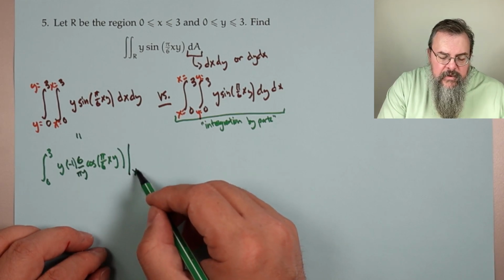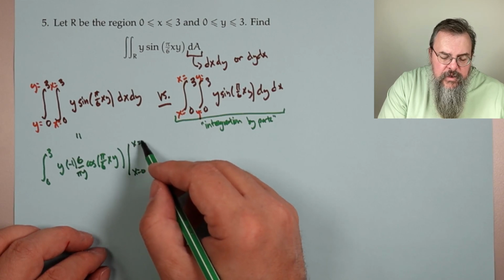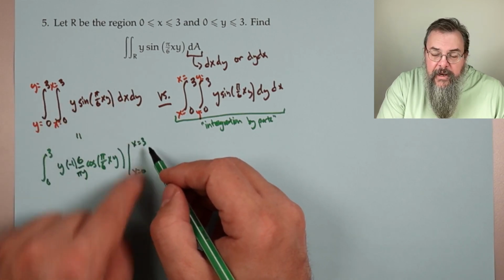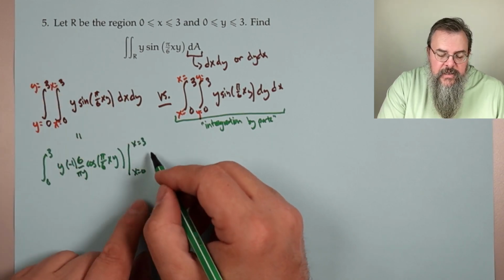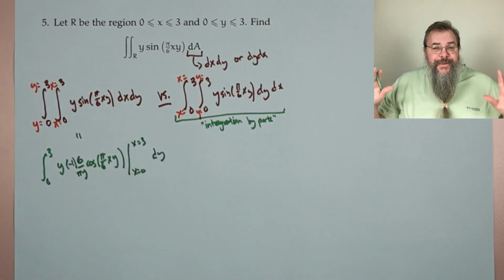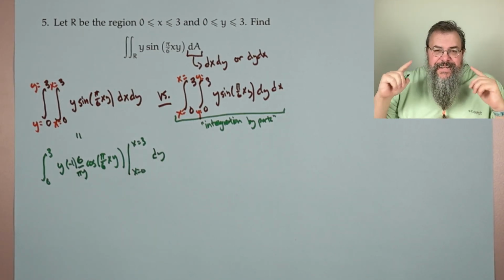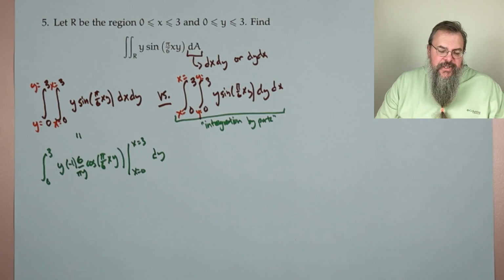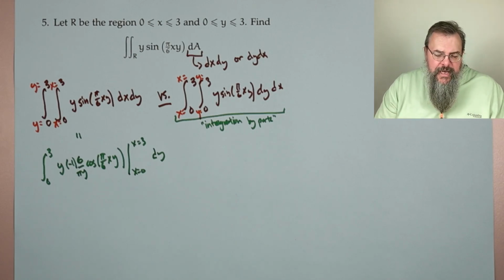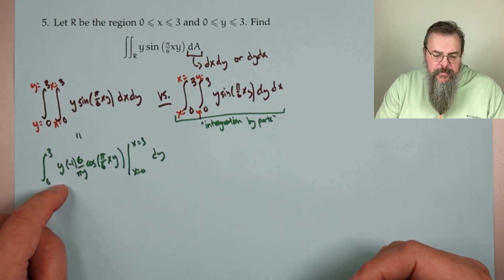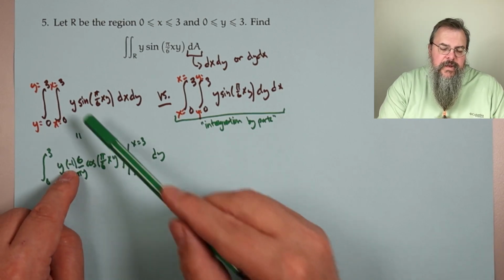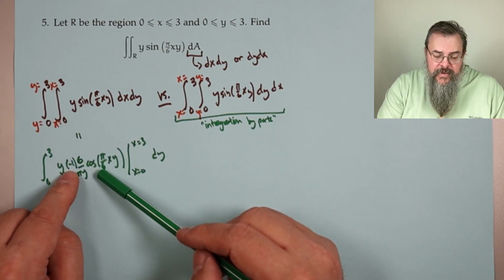And this is from x equals 0 to x equals 3, because we integrated with respect to x, so we're evaluating our bounds, dy. Okay, so this last part is the part that often can be a sticking point. So let's make sure we count one more time what's happened. The y is a constant, just comes along for the ride. This minus is because the integral of sine is negative cosine.